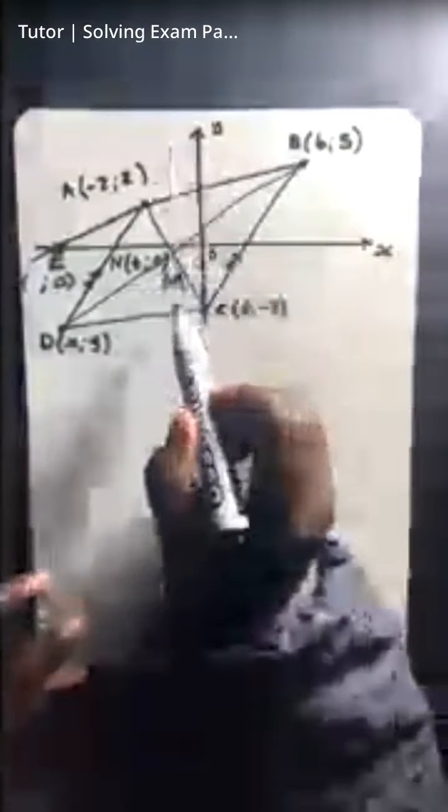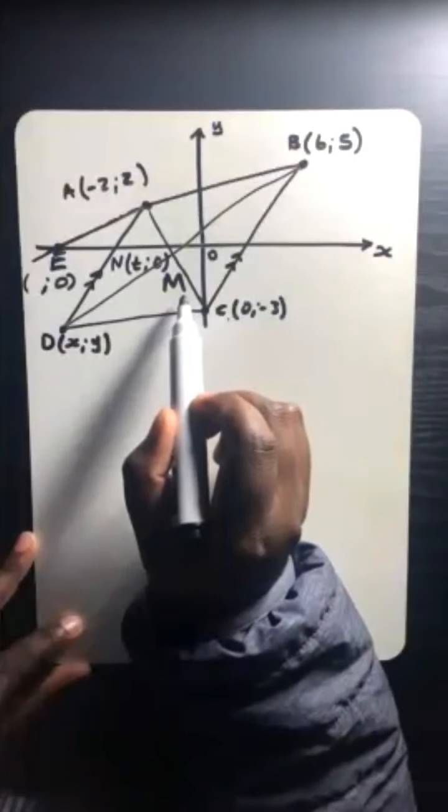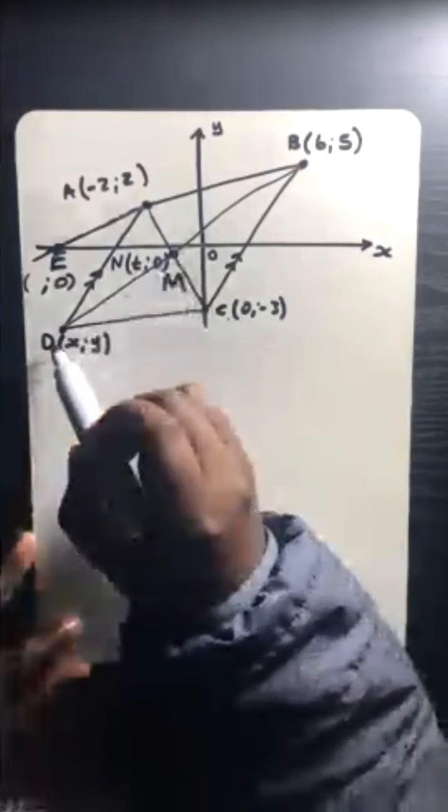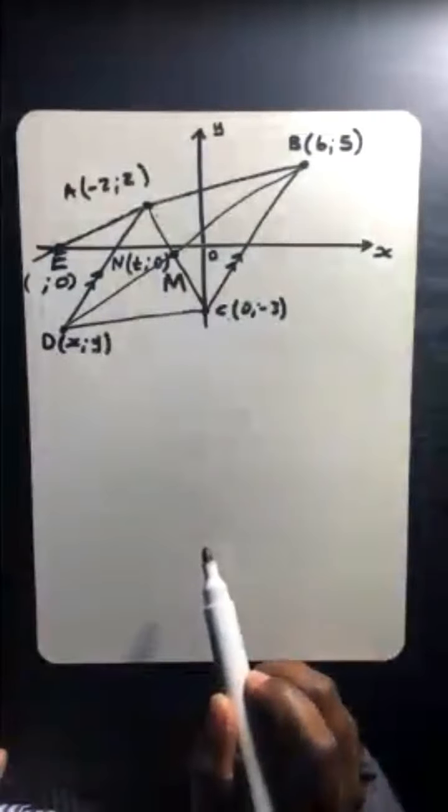Even though M is written somewhere there, the point that they are talking about is that one, because this is the point of intersection of these two lines. So every time they talk about point M, you need to know that they are referring to that point of intersection of these lines.